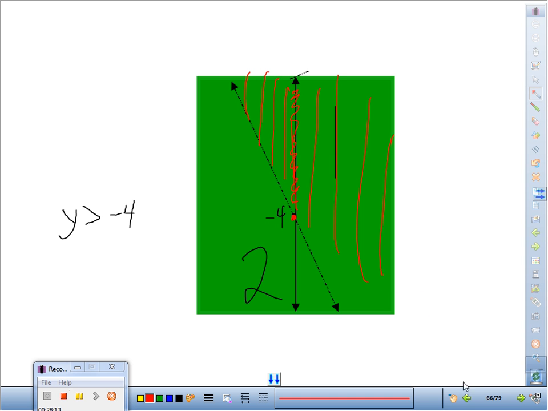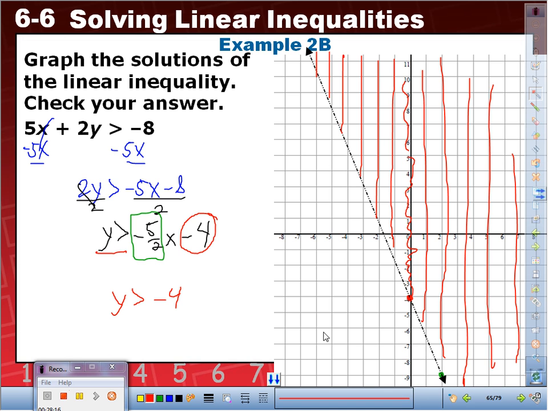So now, we're not done. Now that we shaded our section, let's double check to see if it's true. I pick a point from this section. What is the easiest point that you can think of by looking at it? 1, 1, or 0, 0. Either one.